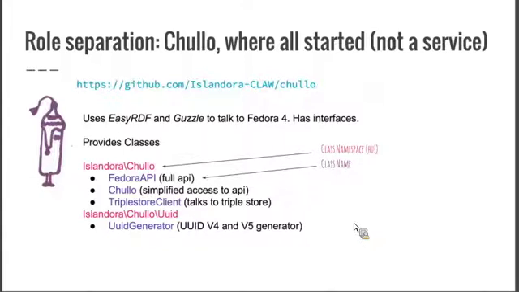EasyRDF is a package of libraries and classes that allows us to mash up RDF, transform it, add predicates and stuff. And Guzzle is a very intelligent async PSR7 compliant HTTP client. Basically, we can send something using Guzzle, we can receive stuff using Guzzle, using predefined, very well-defined protocols, and it's based on something named promises.